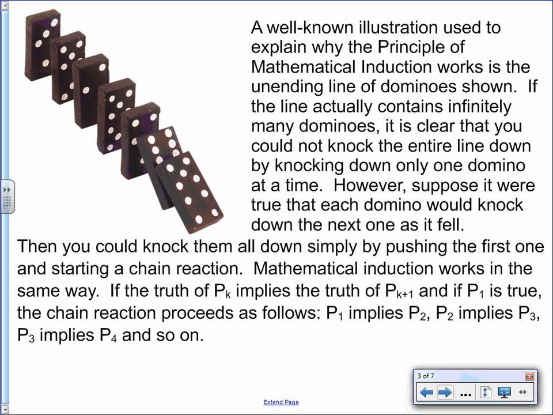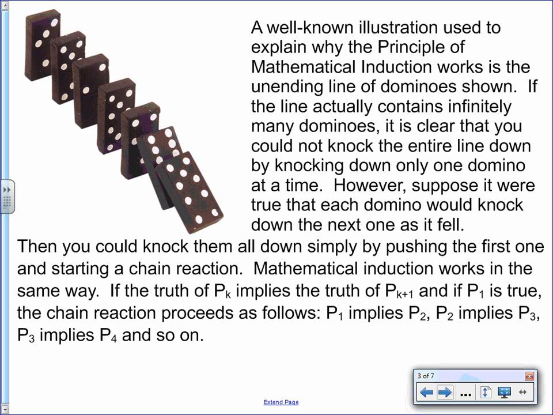We set up our first domino, and then we have all of these random dominoes. If I can say that any domino that I pick, that's kind of like our k, is going to make the next one fall, then if I hit that first one, they all should fall down, because 1 makes 2 true, makes 3 true, makes 4 true. 1 hits 2, hits 3, hits 4, all the way down the line.